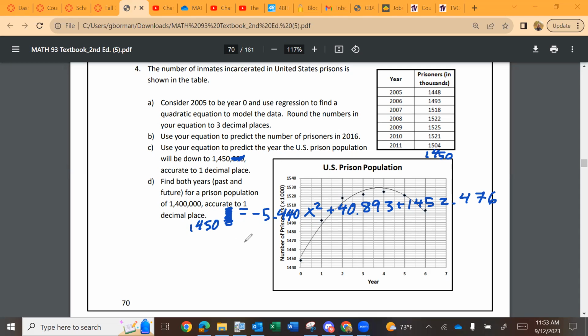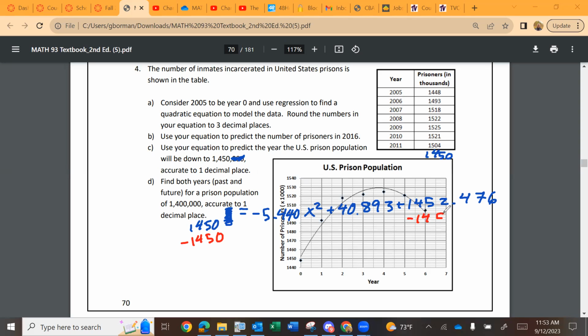So that's step 1. Plug it in for Y when you're solving for X in a quadratic chapter 2 problem. Step 2, you've got to get everything on one side. You've probably seen that before. So in this case, I'm going to subtract away the number I just plugged in.